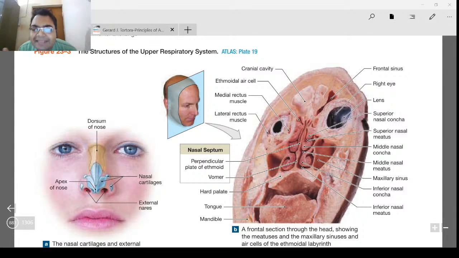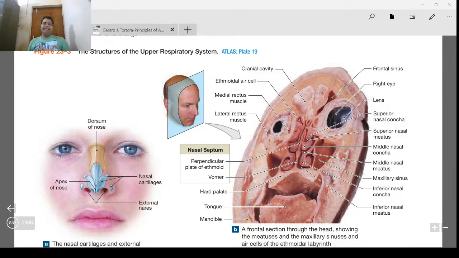Meaning, as air moves out of the respiratory tract, it again passes over the epithelium. Just imagine, I am now exhaling through my nose, not through my mouth. So it again goes to the concha and comes out.